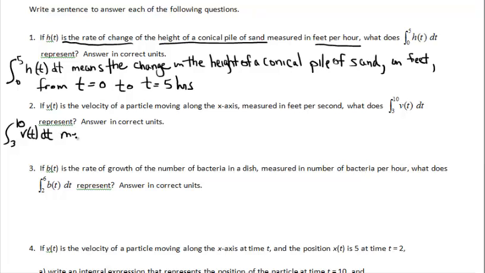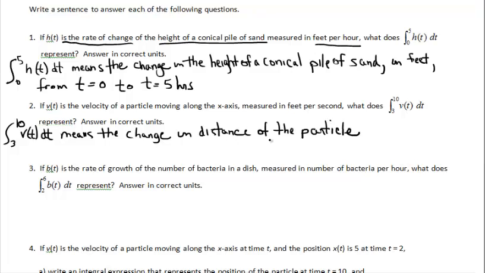So it means the change in distance of a particle. So I'm just putting some context to it right here. It means the change in distance of the particle, and make sure you put the units in feet. We're not done. Let's talk about the limits from t equals 3 to t equals 10 seconds.